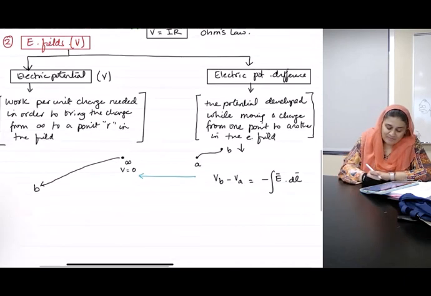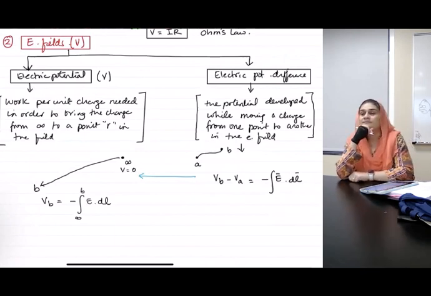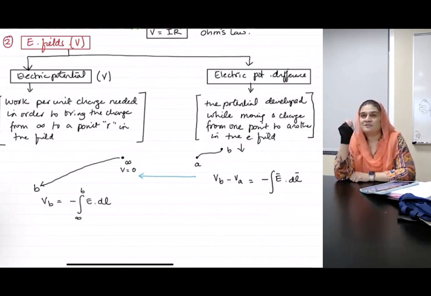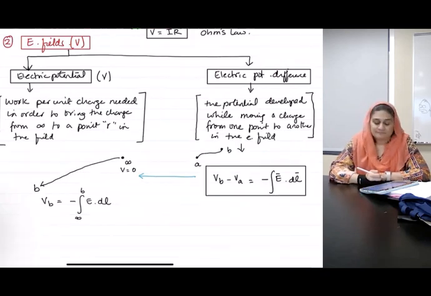So the same equation will become VB equal minus E dot DL from infinity to the point B. So do not get confused between these two things.